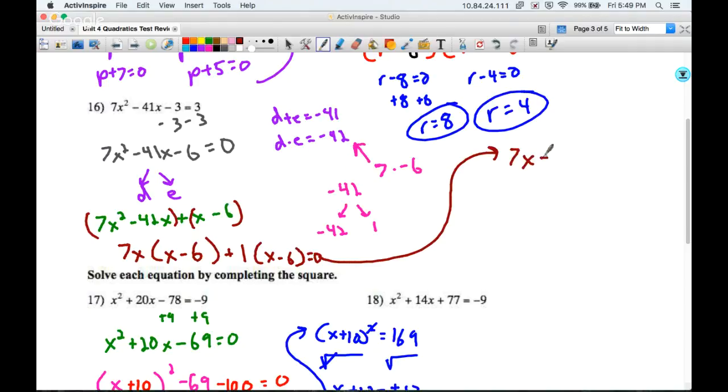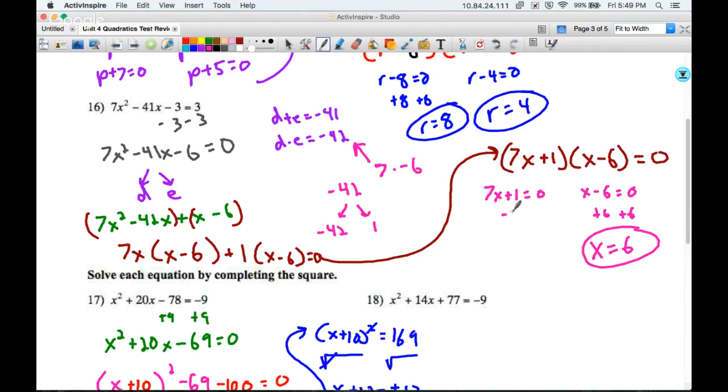The factors we pulled out make their own linear factor, 7x plus 1, and the factor that was left behind stays as a factor. Now we can use those zero product properties, set each of these individually equal to 0 and solve. X equals 6 is one of our answers. X equals negative 1/7 is our other answer.